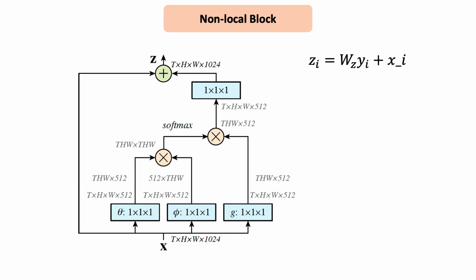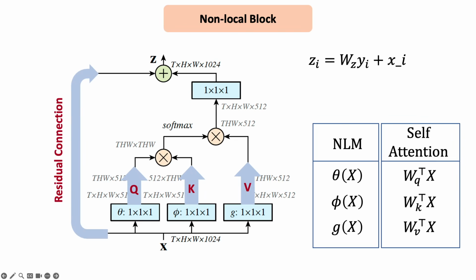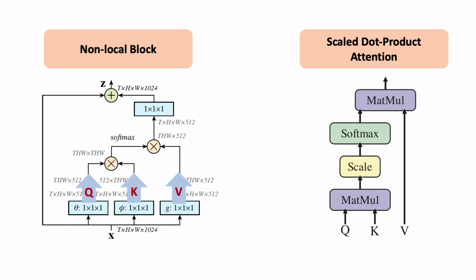So let's annotate this figure, and we can bring in these q, k, and v matrices, replacing theta of x with q, phi of x with k, and g of x with v. And now, putting the non-local block and self-attention side by side, we can see the resemblance between the two.